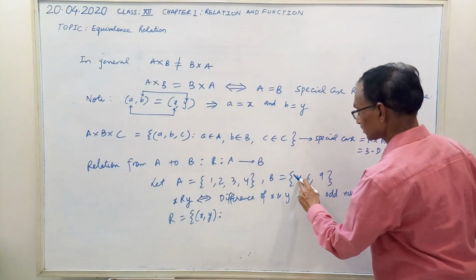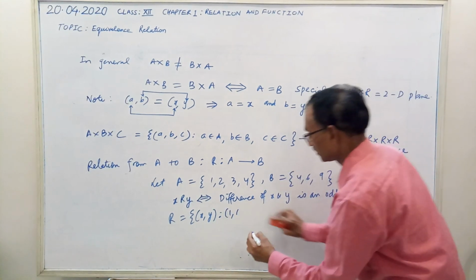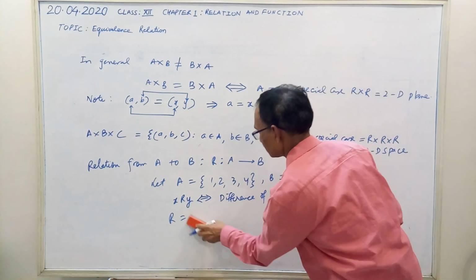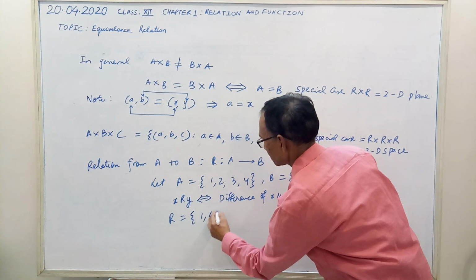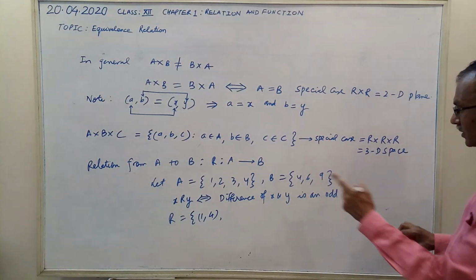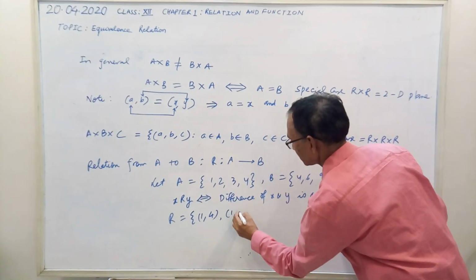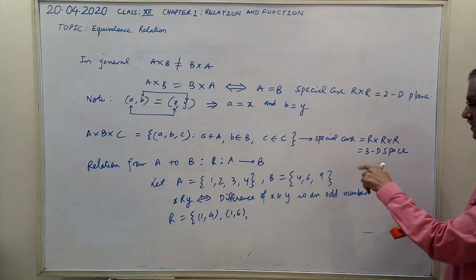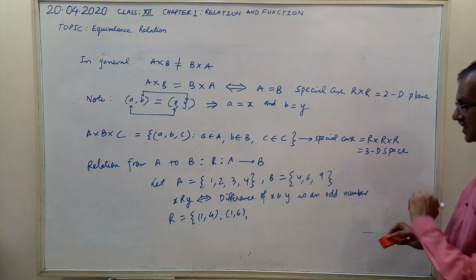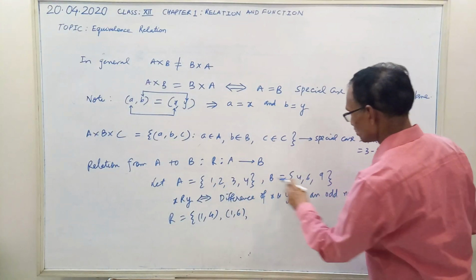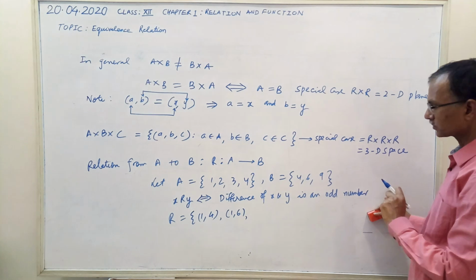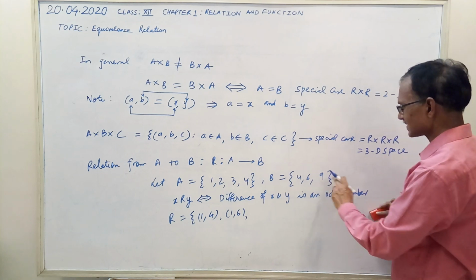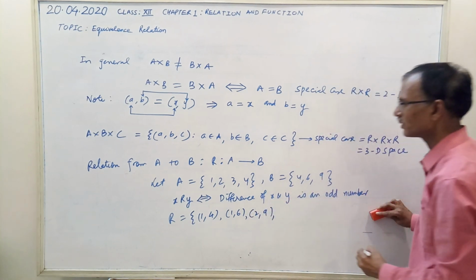Now 1 minus 4 is an odd number, so here (1, 4) will belong to R. 1 minus 6 is 5, that will also belong to this set. 1 minus 9 is 8, which is an even number, so it will not belong. (2, 4) will not belong because 2 minus 4 is 2, which is an even number. 2 minus 6 will not belong, but 2 minus 9 is an odd number, so (2, 9) will belong.